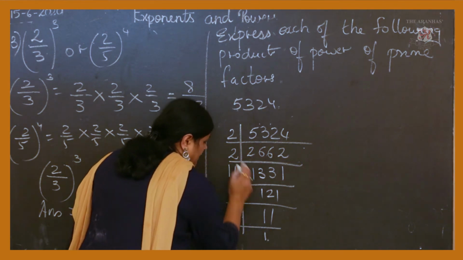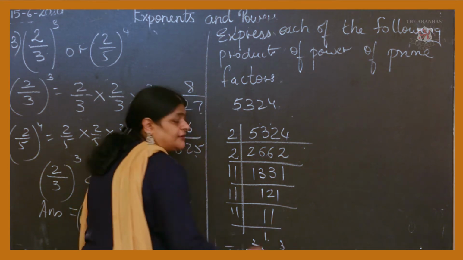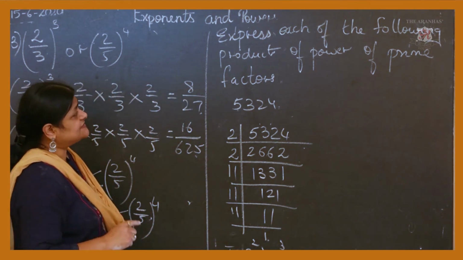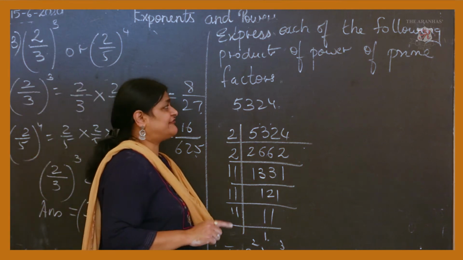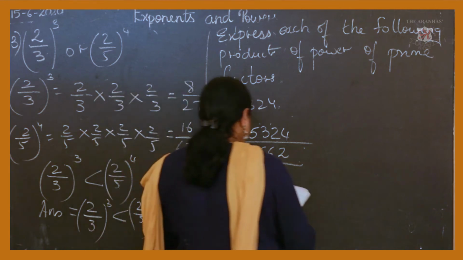So here it is 2 to the power of 2, 2 squared into 11 cubed. Okay, this is what you have to do: express each of the following products as a power of your prime factors.